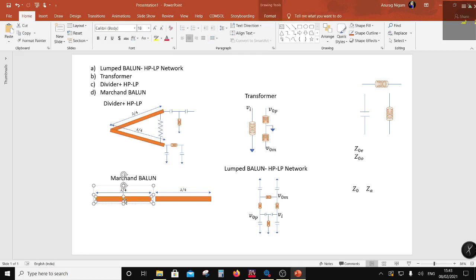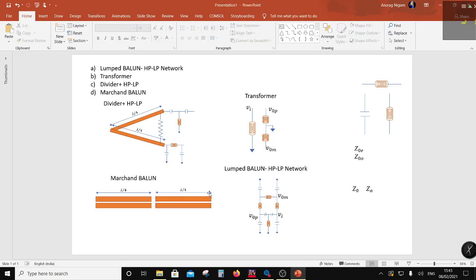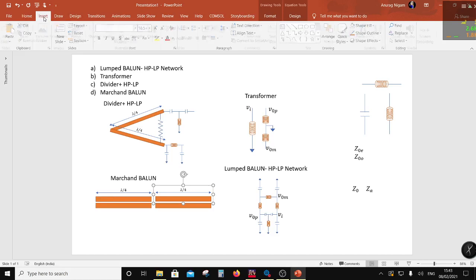So if you remember, we did a coupler. A coupler has a certain spacing and a width, so you have to design this for a certain spacing and a width, right? And this side is open circuited and this side is your input.